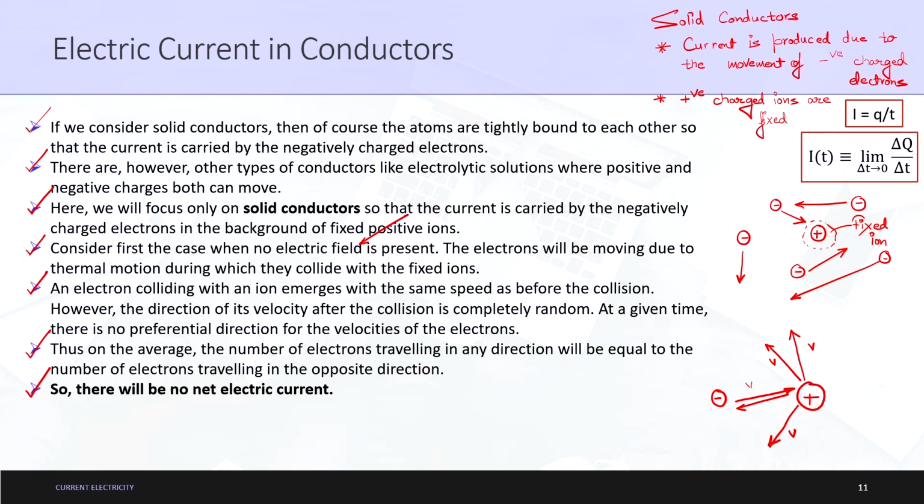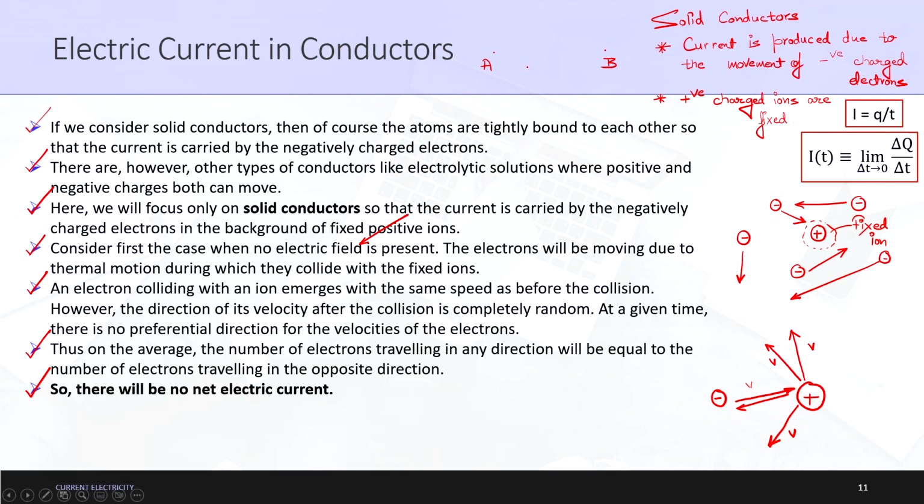Why? Let us suppose for one case, we are taking only an xy plot. Let us suppose we are only assuming in our case that there is only movement, or current being produced, due to negative charges from point A to point B. Let us say we are taking a delta t scenario, in which after time delta t we are trying to find the amount of charge passing from point A to point B. Let us suppose this is the cross section through which we are passing.